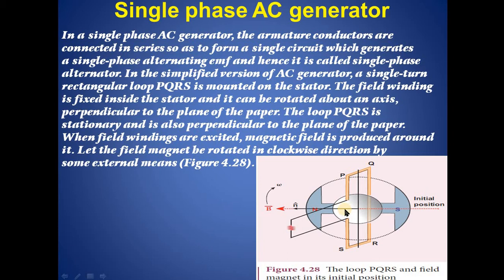Then when field winding is excited, magnetic field is produced around it. Let the field magnet be rotated in clockwise direction by some external means. This is figure 4.28, which clearly shows the parts connected in the stator, armature and the circuit.